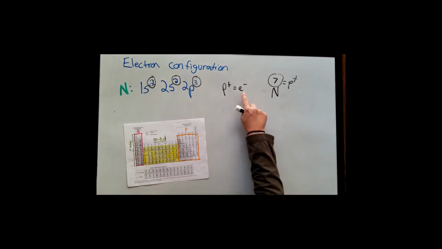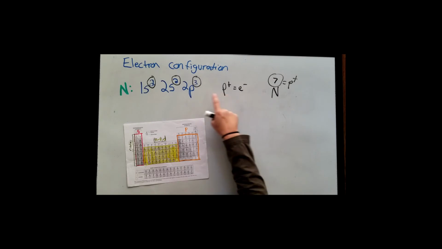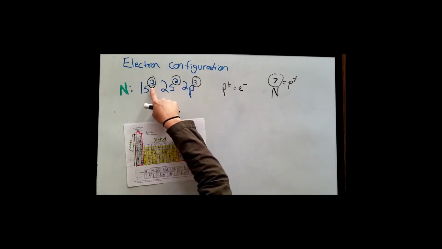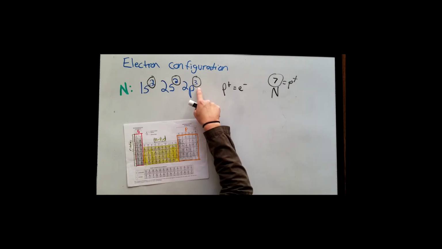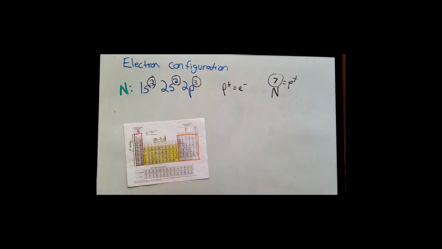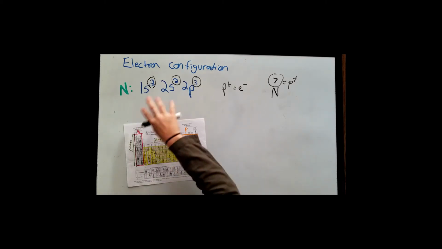So since the protons equal the electrons, it should also have 7 electrons. Why am I bringing this up? Because you'll notice if you count these electrons, it equals 7. So 3, 4, 5, 6, 7. So it's a double check that we are indeed talking about a neutral atom of nitrogen and describing that here.